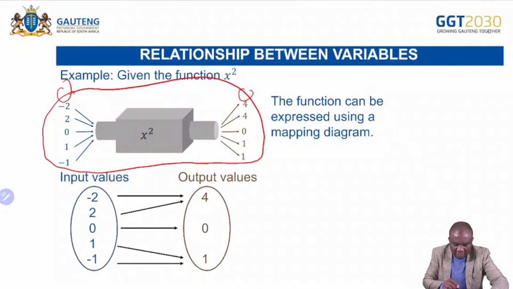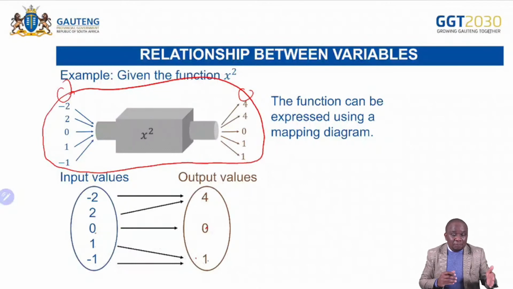Negative 2 will give us 4. 2 will also give us 4. 0 will give us 0. 1 will give us 1. And negative 1 will give us 1. So that's the mapping diagram. This is how you represent the input and output values using the mapping diagram.